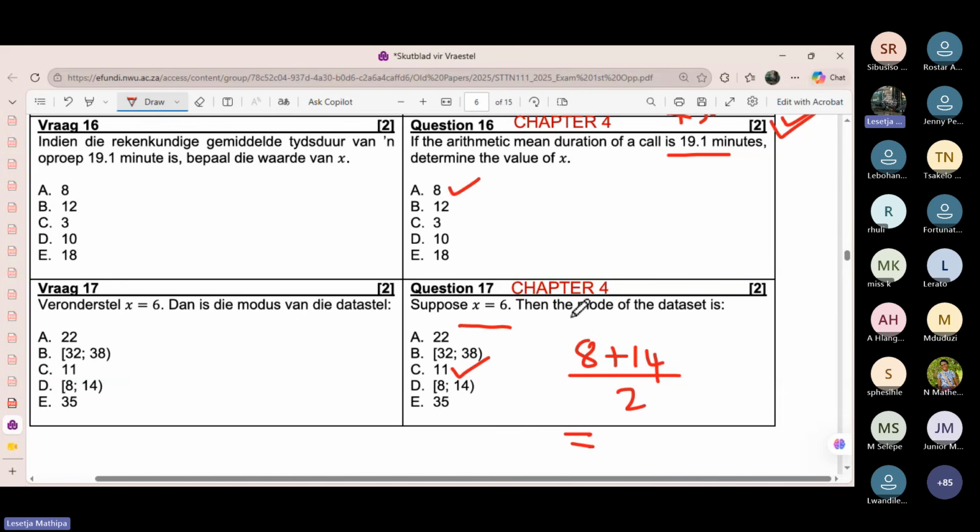If they had asked for the modal interval of the data set, we would take 8 and 14, which is D. The answer will be D if they wanted a modal interval. Then let's go to this one. Any questions? 2 marks.